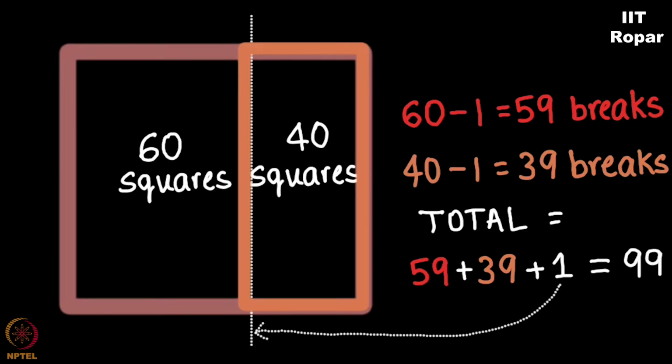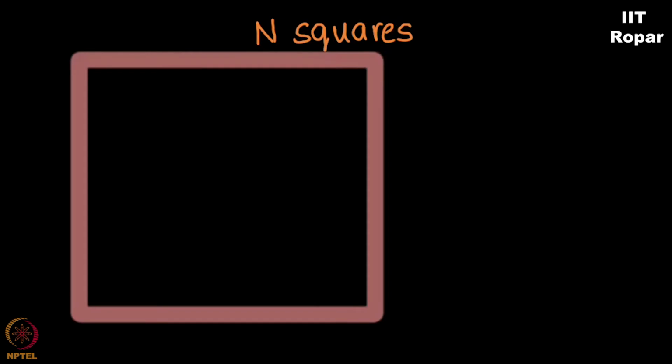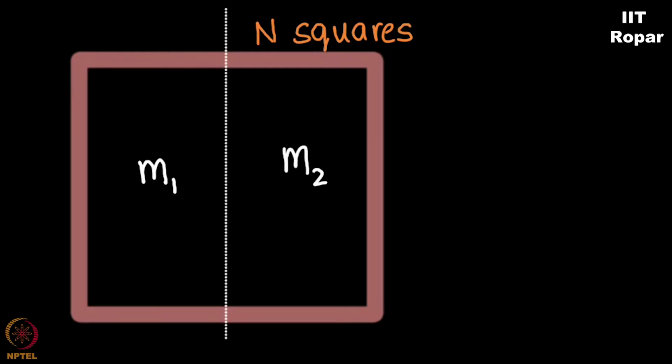You see what I did? You take any chocolate bar with n squares, break it, it will become n equal to m1 pieces on one side plus m2 on the other side. You break it only once and you get m1 and m2.